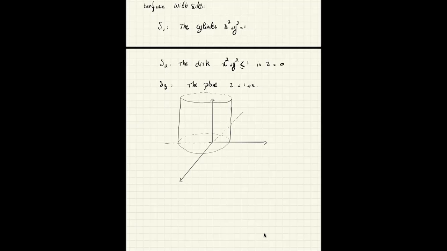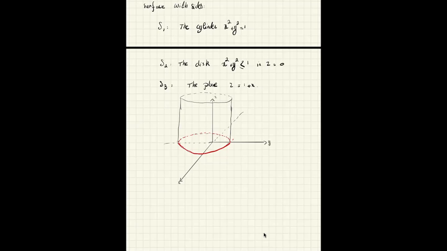We have the disk, x squared plus y squared equals 1. And this is x, and this is y, and this is z.